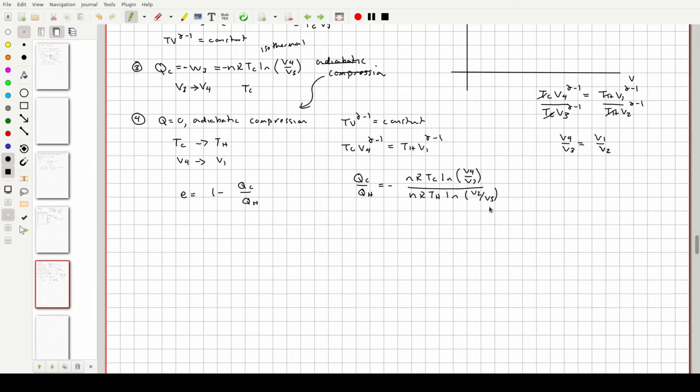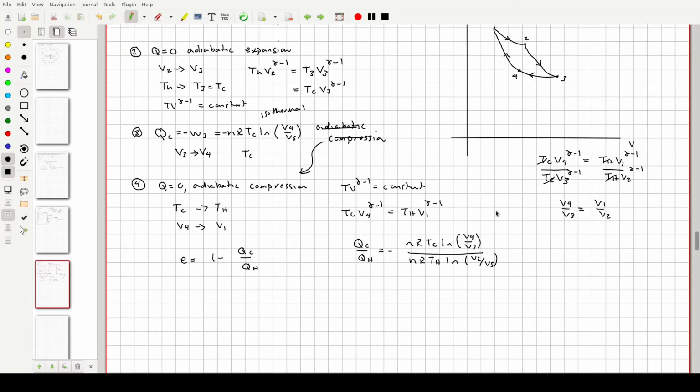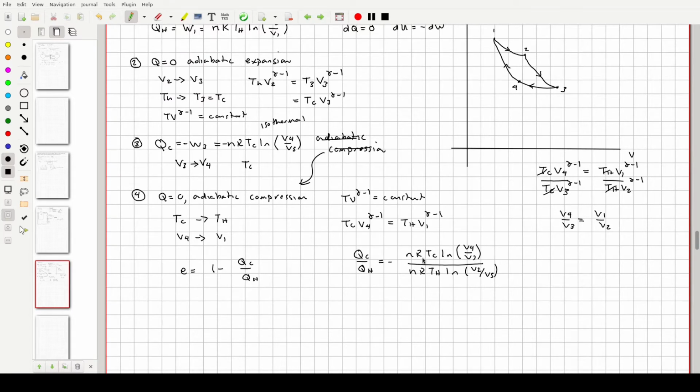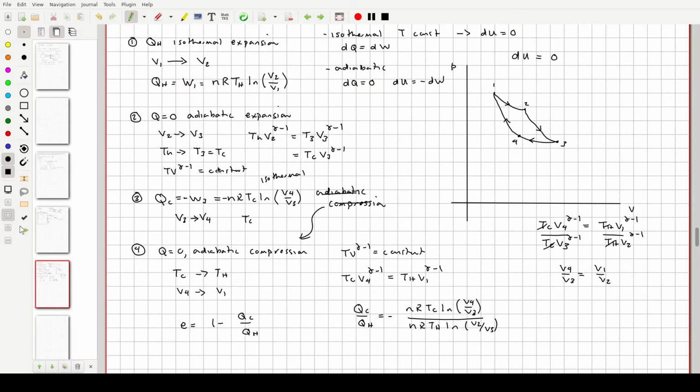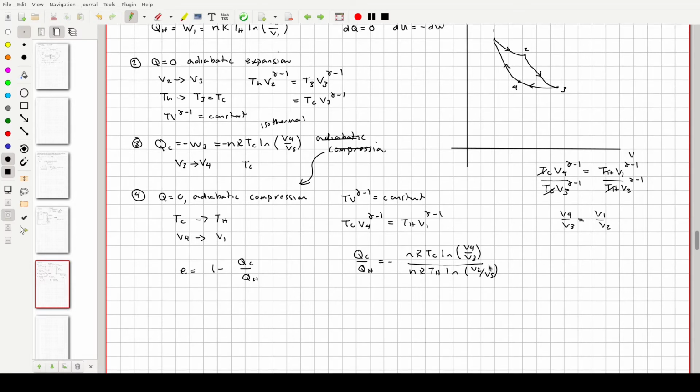Now, take a look at what we have here. This right here for QC is V4 over V3. This one right here for QH is V2 over V1.